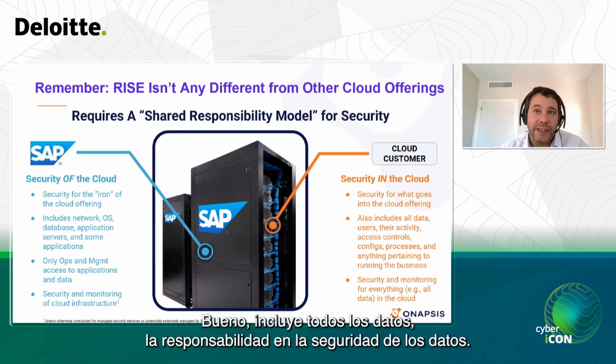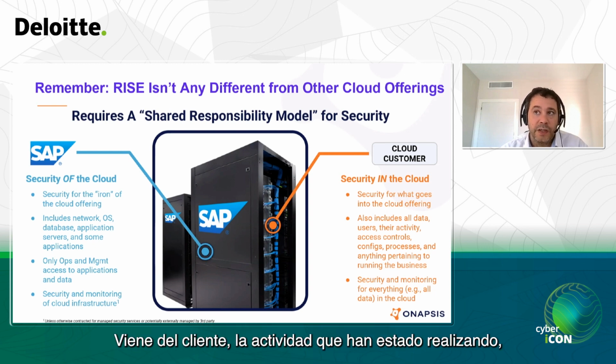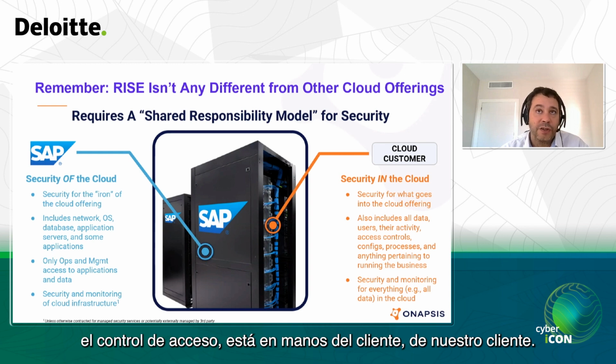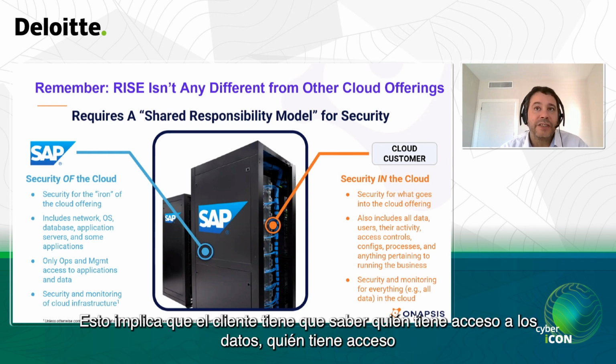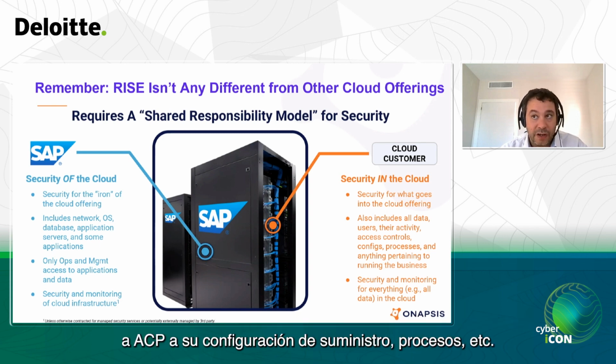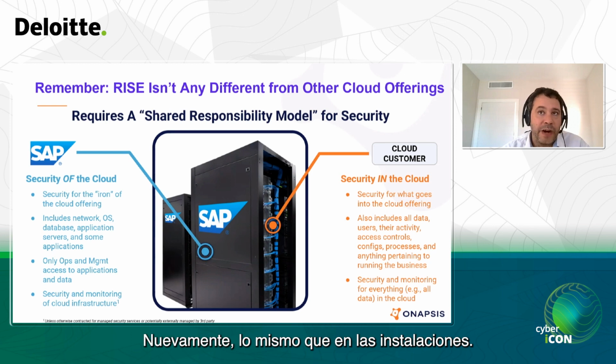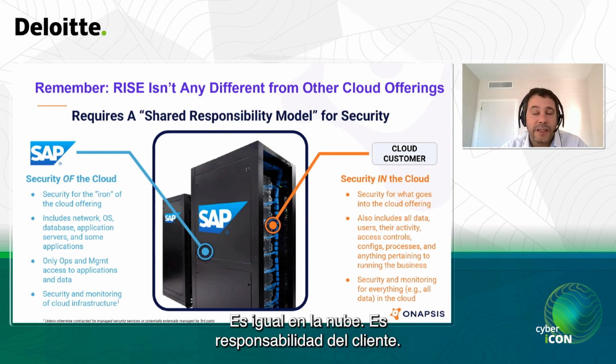It includes all data. The responsibility for the security and the data is the customer's. The activity that users have been doing and the access control are on the customer. Our customer needs to take care of who has access to the data, who has access to the SAP configuration, processes, etc. Again, the same as on-premise, it's the same in the cloud. It's the responsibility of the client.